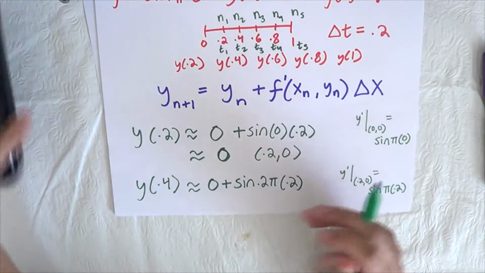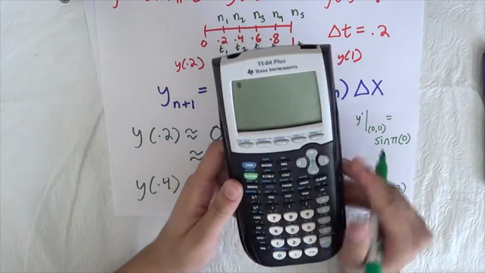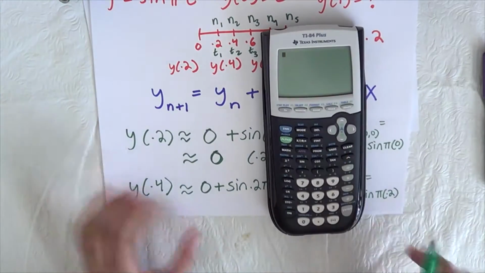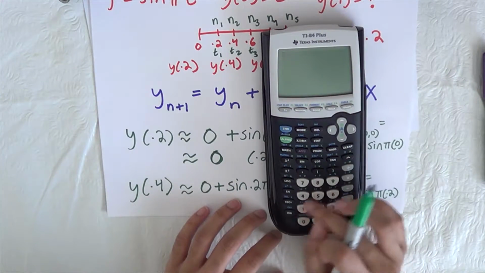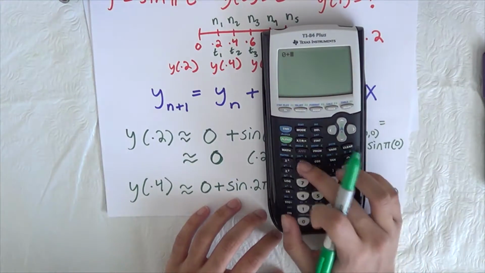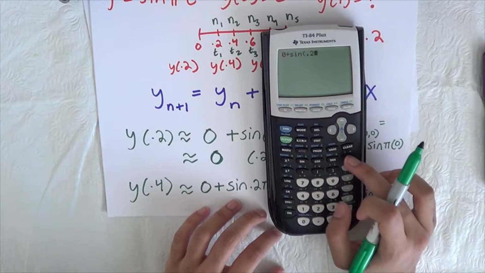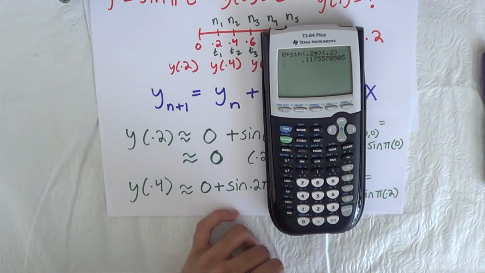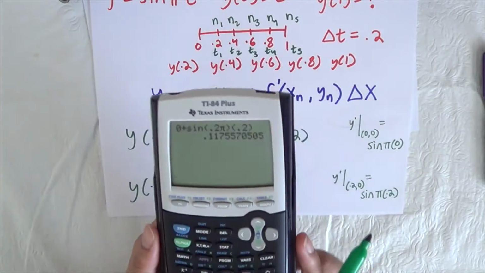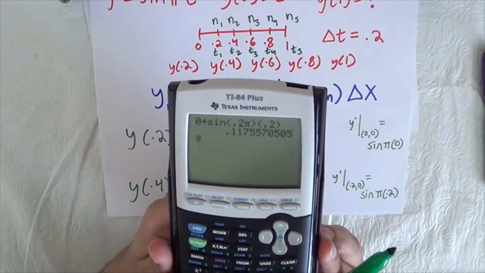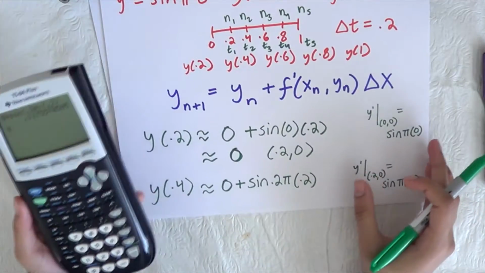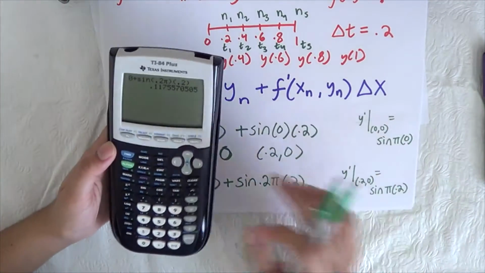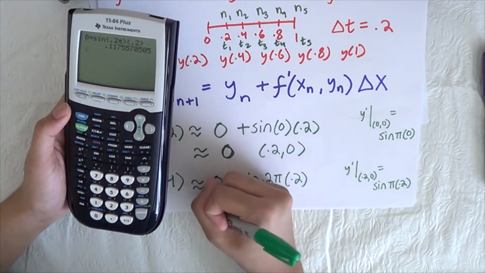So I'll just use a calculator to do this because we need it. 0 plus sine 0.2 pi times 0.2 is this number, 0.11755... For this problem, we don't want to round as we go.